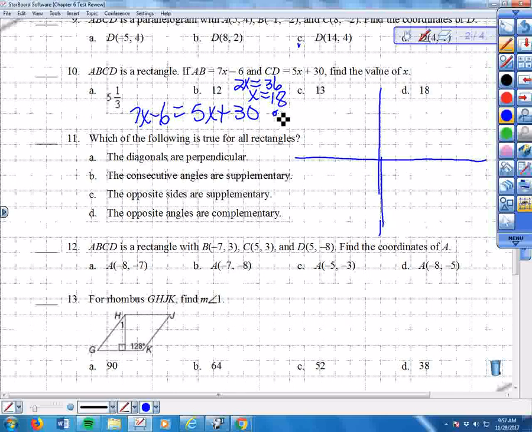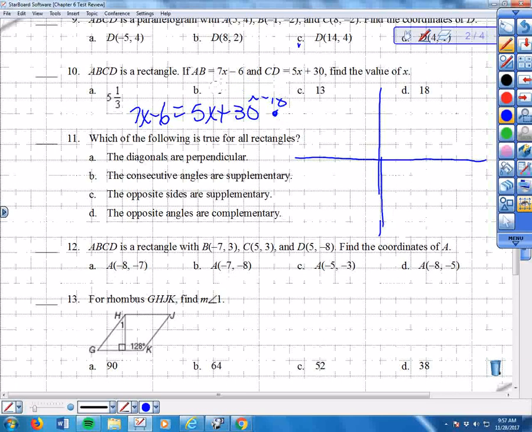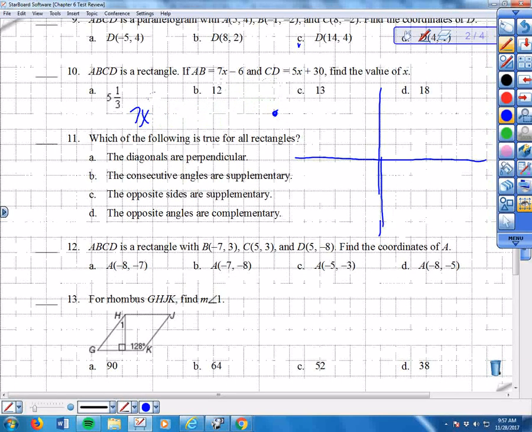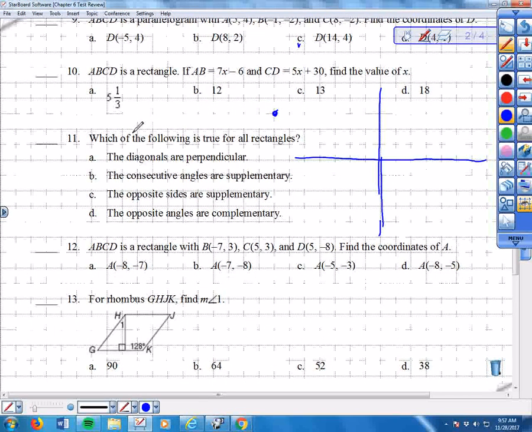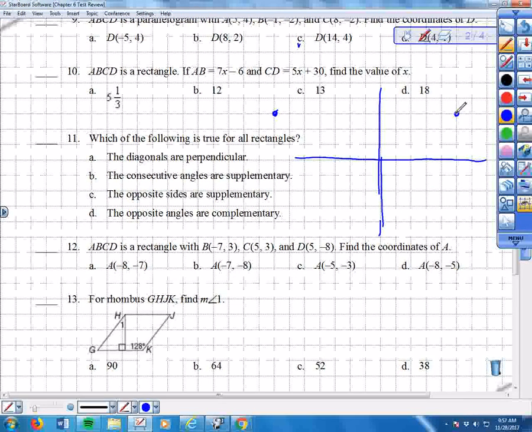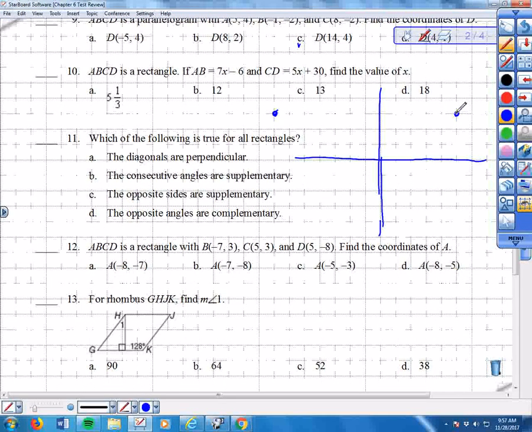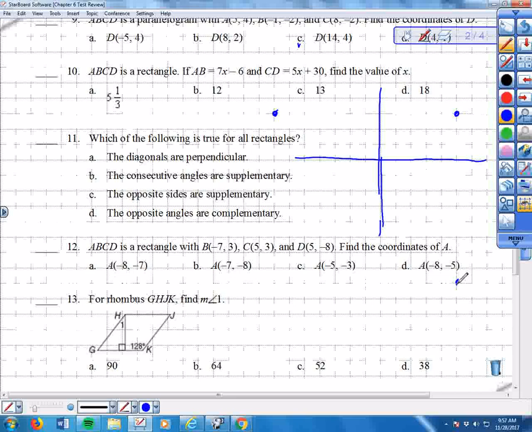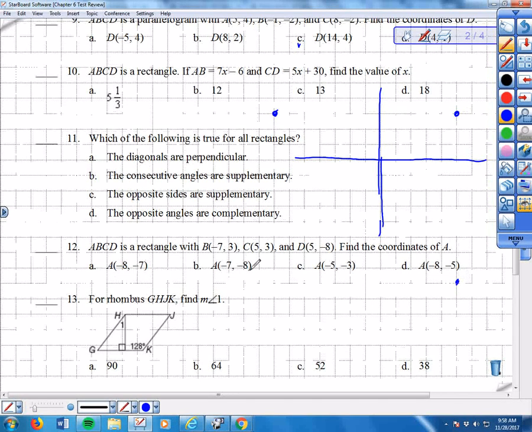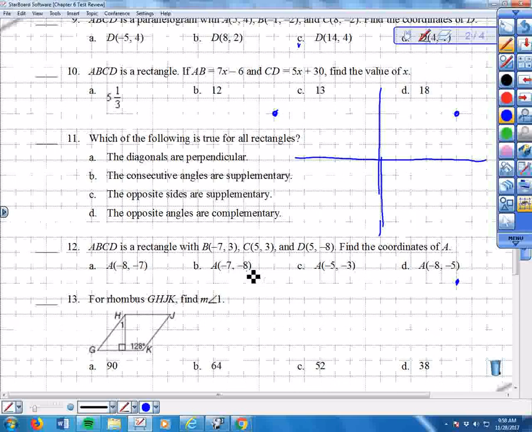Get rid of this stuff. 5, 3. 5, -8. 3, 1, 2, 3, 4, 5, 6, 7, 8. Okay, so I would say it needs to be -7, -8.